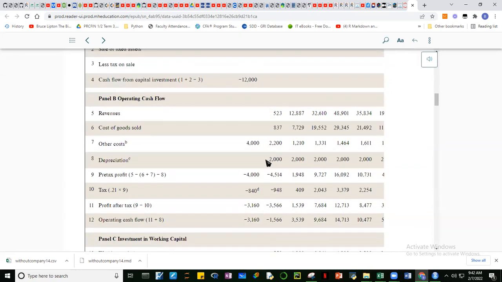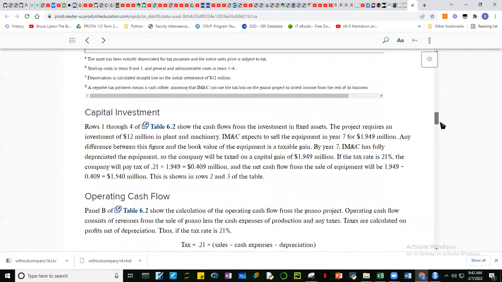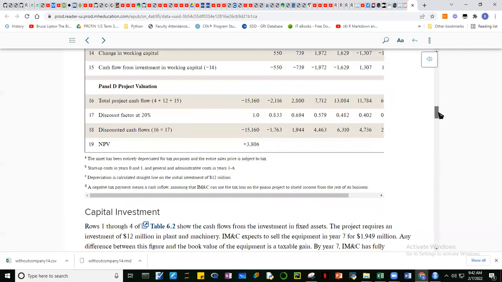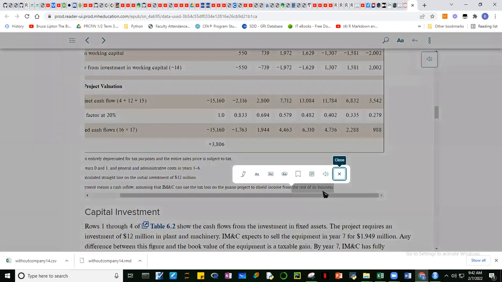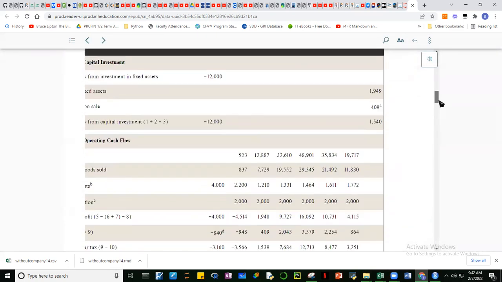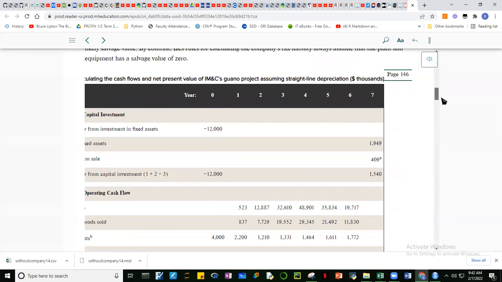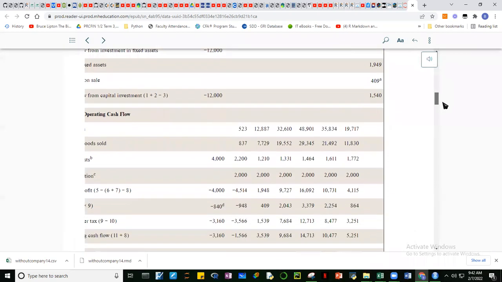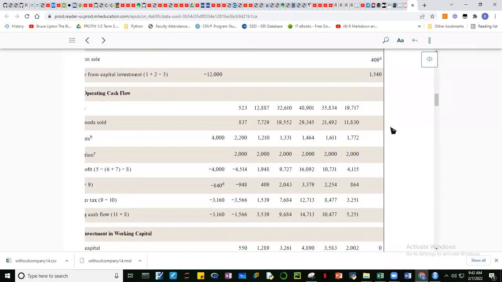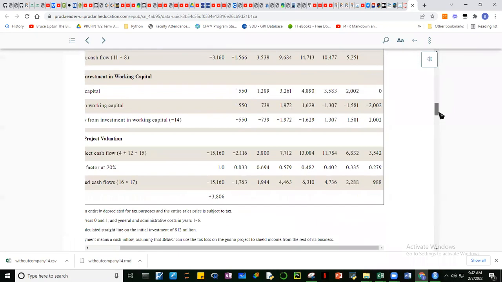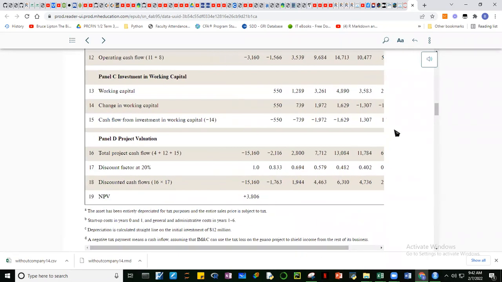Secondly is operating cash flow. You can see here that we project revenues for year 1 up to year 6. So you forecast the income statement.